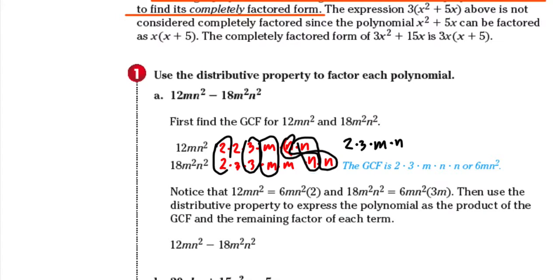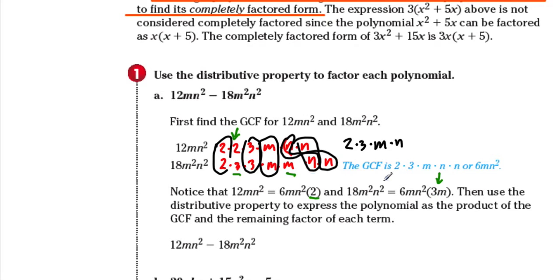Again, if you notice, the 2 and the 3m are the factors that haven't been circled in 12mn squared and 18m squared n squared. So what happens is that we factor out the GCF, which is 6mn squared.